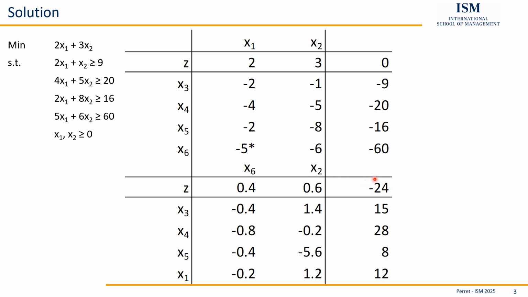Well, this is slightly different because it's not minus 24, but plus 24. Just since I have a minimization problem, I also have to change the sign here again. So we'll have here optimal value of the objective function of 24.